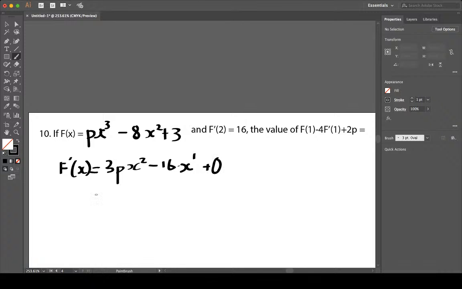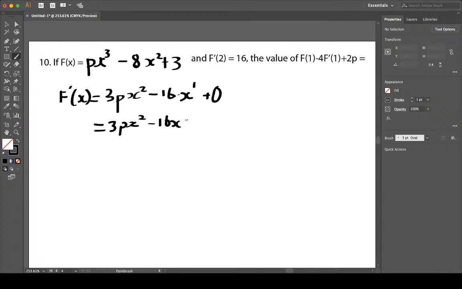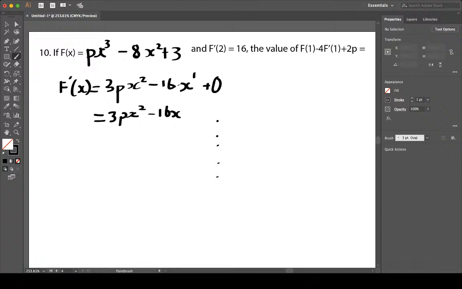So this is basically 3p x squared minus 16x. And this is how my method differs from the normal way, which is my personal method that I don't really recommend for you to use, but sometimes you might need to use it.